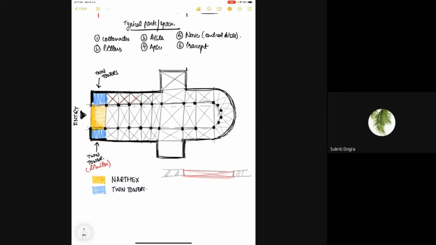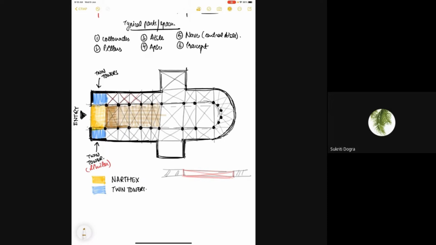The next portion is our nave, and nave, like we discussed in the last class, is the central portion of your church. Like we say in Christian weddings that a bride walked down an aisle. So this is an aisle, a passageway on which someone can walk, leading up to the end portion of your church.